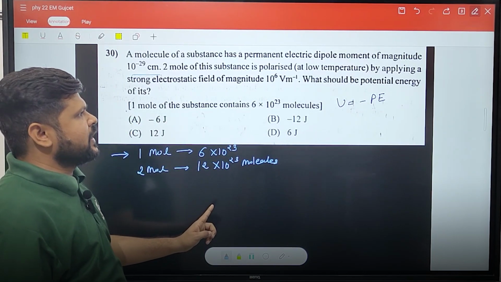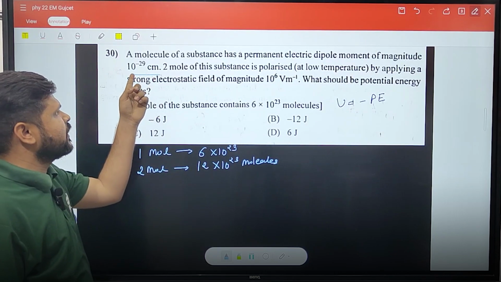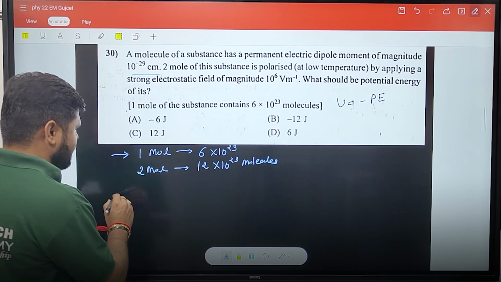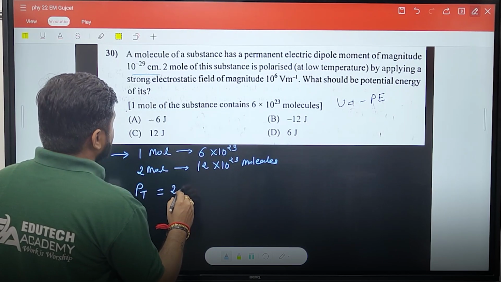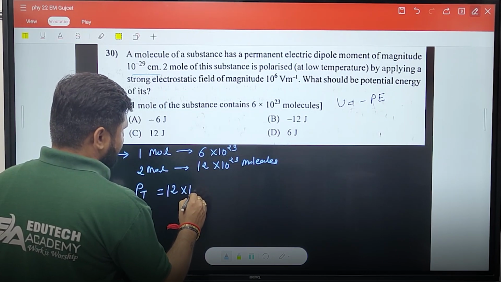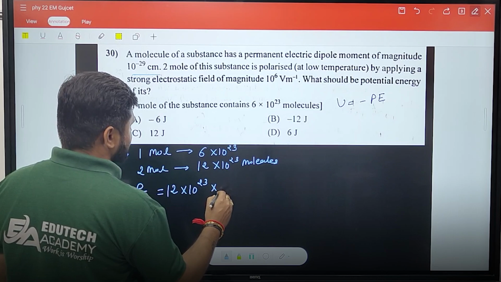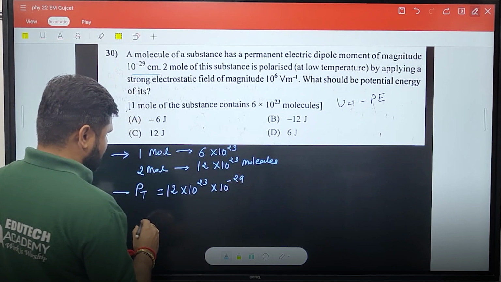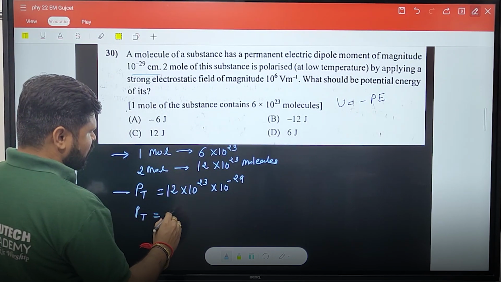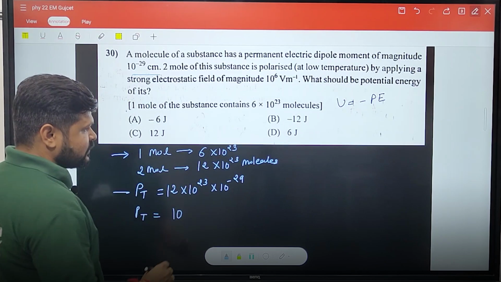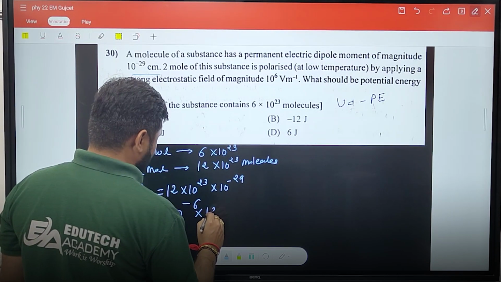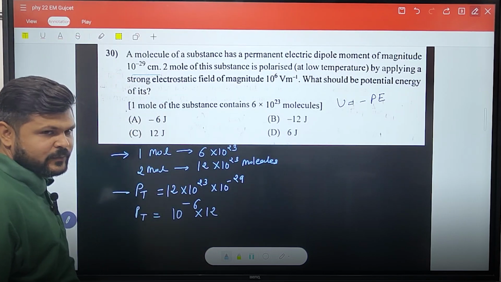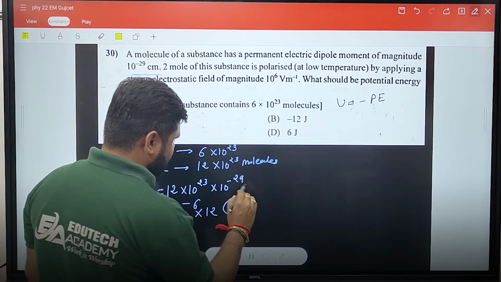One molecule is having how much dipole moment? 10 raised to minus 29. So the total dipole moment will be 12 into 10 raised to 23 into 10 raised to minus 29, so 12 into 10 raised to minus 6. This is the total dipole moment, coulomb meter.